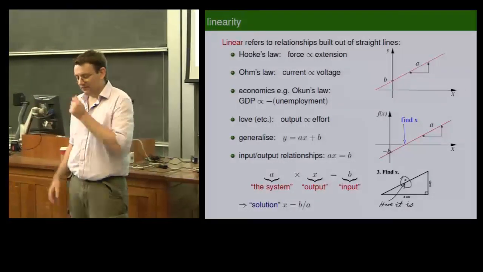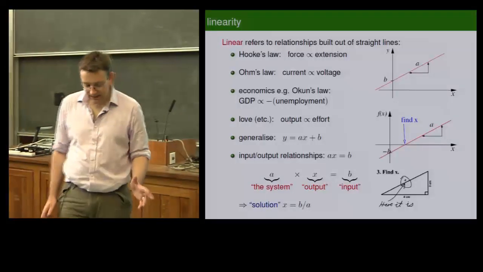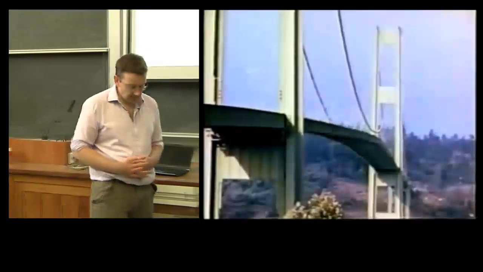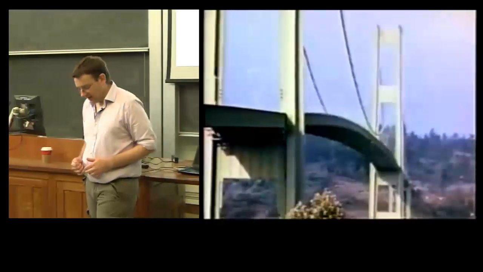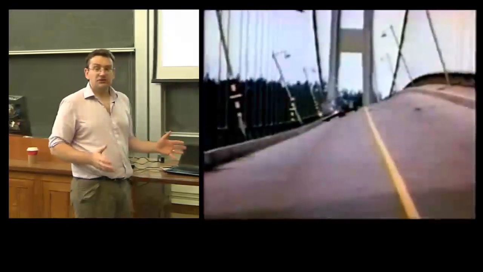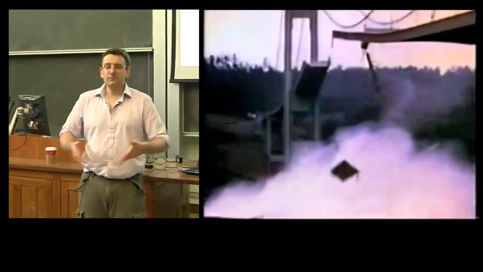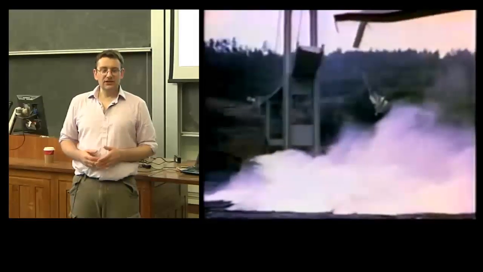A classic example of the failure of extrapolation was the so-called Tacoma Narrows suspension bridge in Washington State, which in the 1940s or 50s, I'm sorry, I forget the date, failed spectacularly with massive oscillations. Now, there's all kinds of theories as to what happened, but basically what happened was this. It was in the fairly early days of suspension bridges, spans were getting longer and longer, and designers realized that the more flexible you made the bridge, the better.